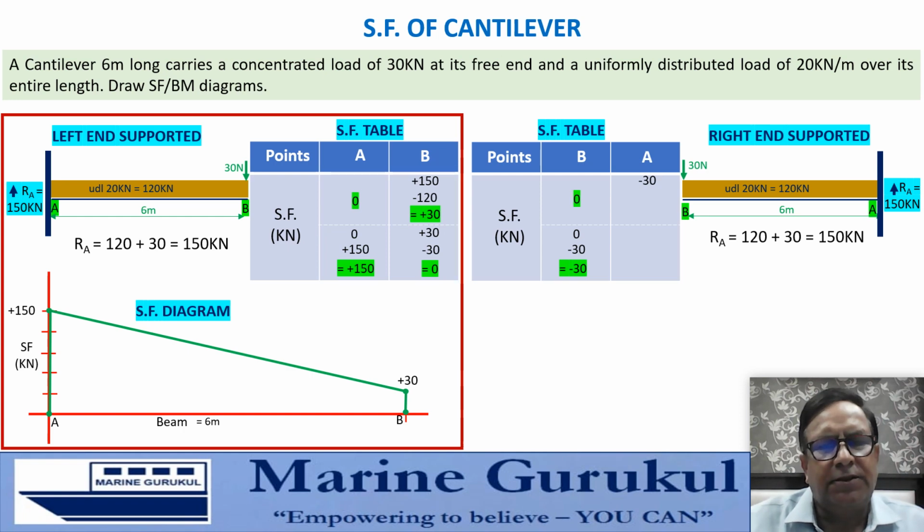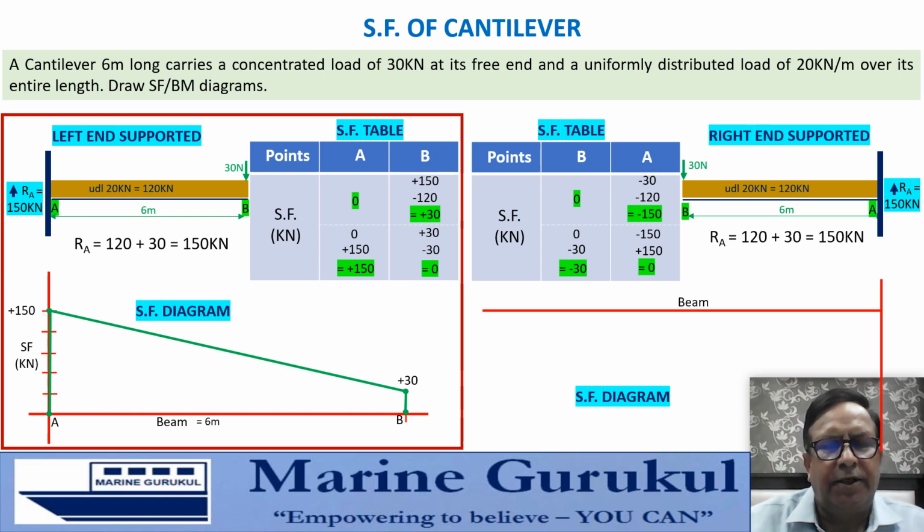Carry forward minus 30; the change from right of B to left of A is minus 120, making it minus 150. Then minus 150 and the reaction at A of plus 150 makes it 0. So the shearing force changes from 0 to minus 30 at B and minus 150 to 0 at A.